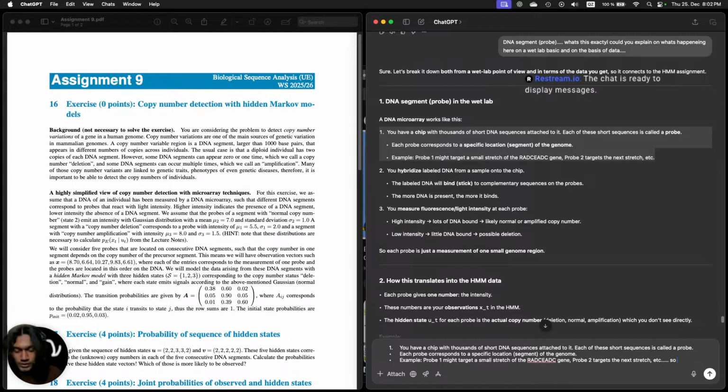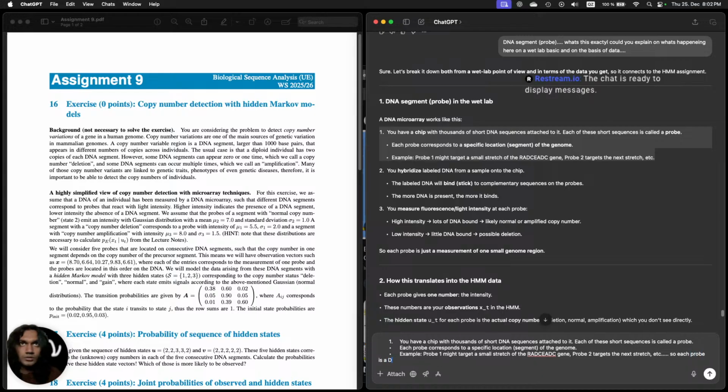So each probe is a DNA sequence, which is part of a larger sequence of an animal's genome.